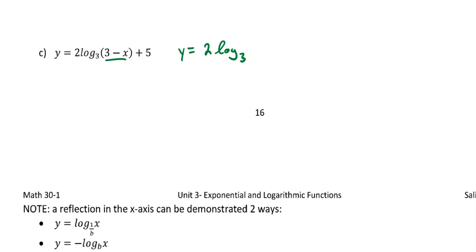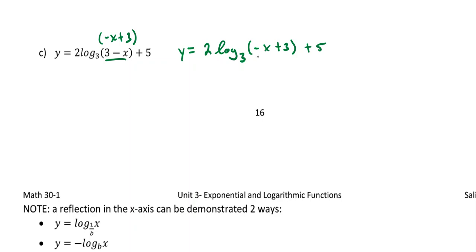And then what do we do with this mess, 3 minus x? Yeah, that'd be the same thing as negative x plus 3. Okay, so I can write it like that, negative x plus 3, and then plus 5. Am I forgetting anything though? Yeah, C to B, right?